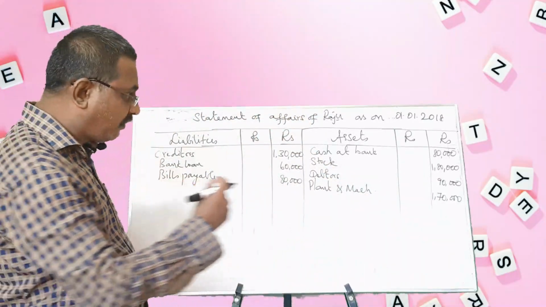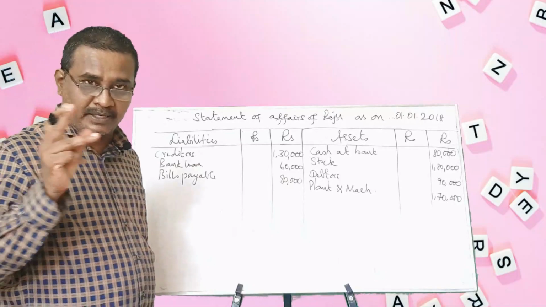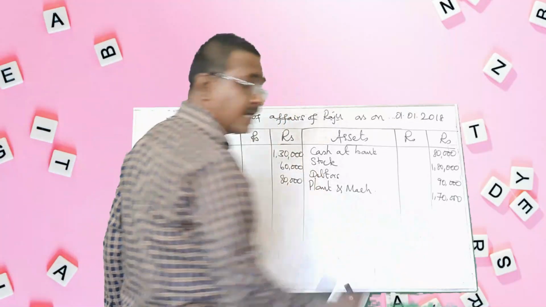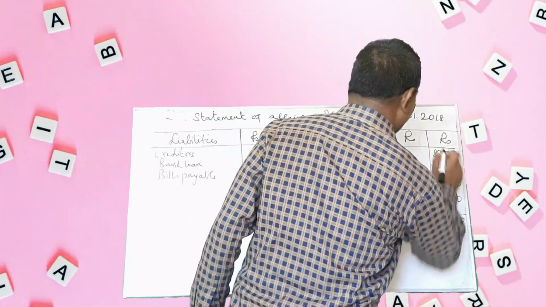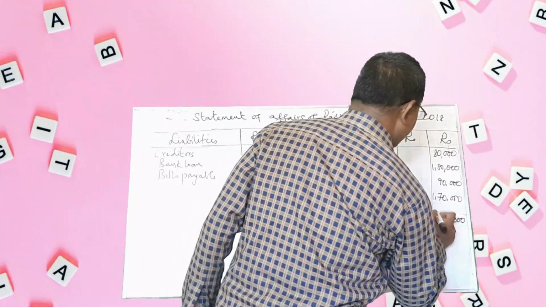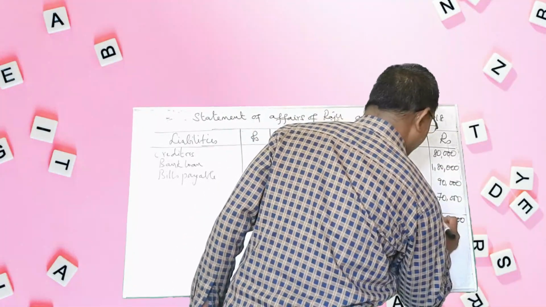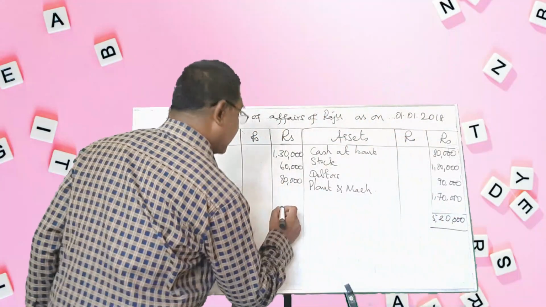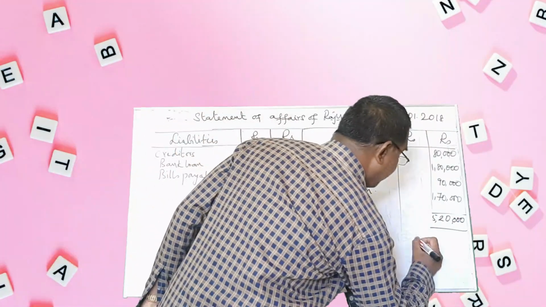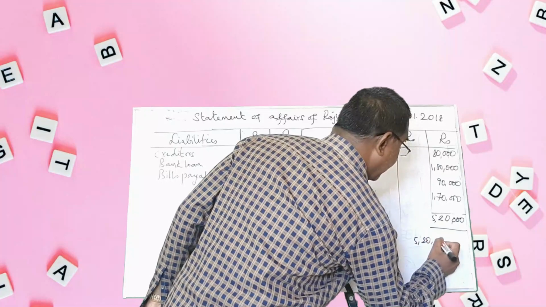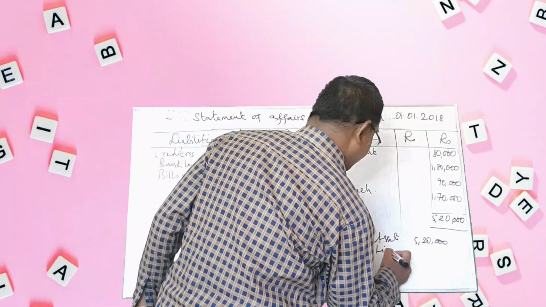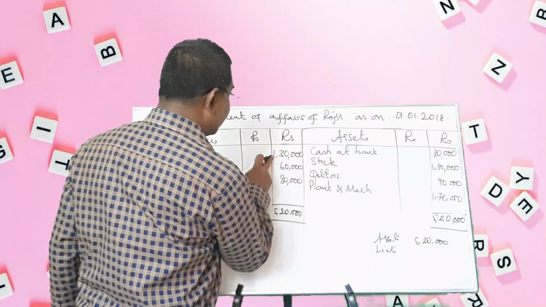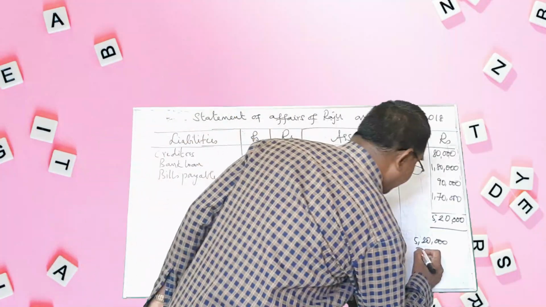Now, go for balancing these two. I have already told you, normally this side will exceed. Assets total 5,20,000. Liabilities, 130, 190, 270.